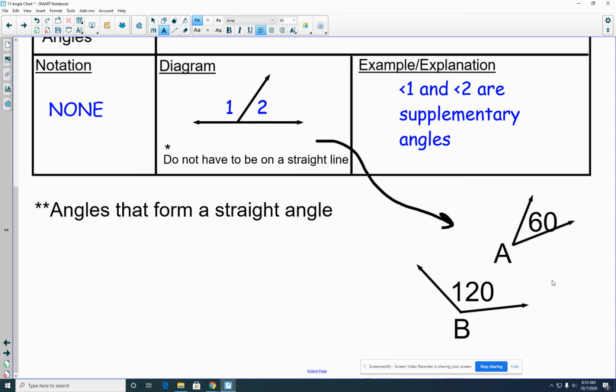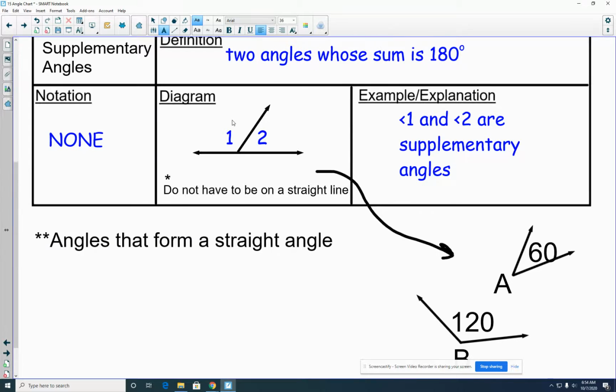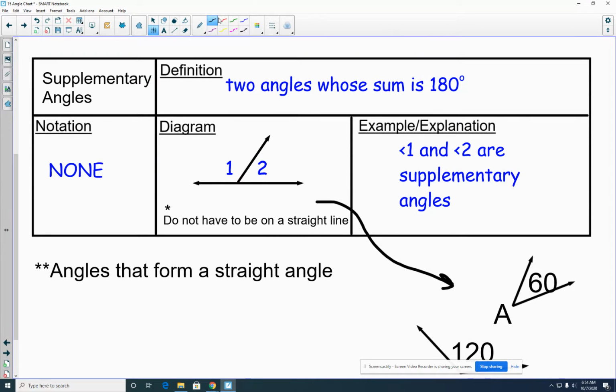So this would again be an example of supplementary angles, but it's just different because they're not on a straight line. Okay, so it's just important to see that these two angles add to 180 and they're not on a straight line. Something else I like to do with supplementary: remember that they add to 180, you could put the 1 in front of the S, make the S into an 8, and then make the U into a 0. Kind of remember 180 like that as well.